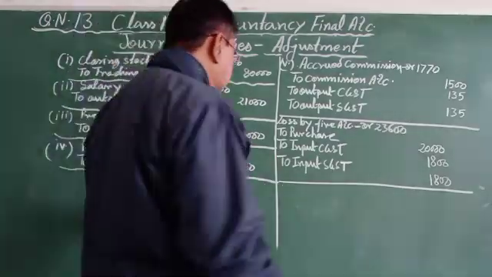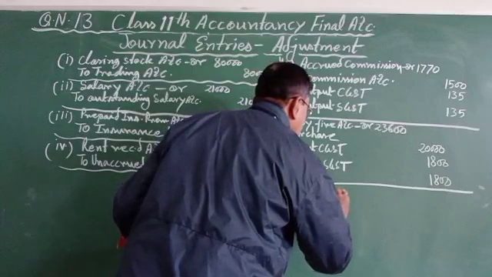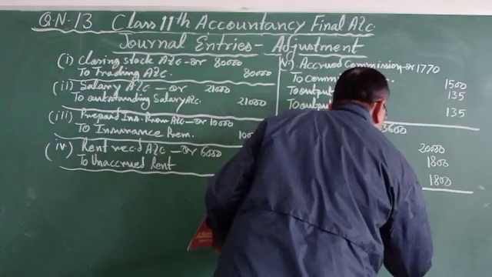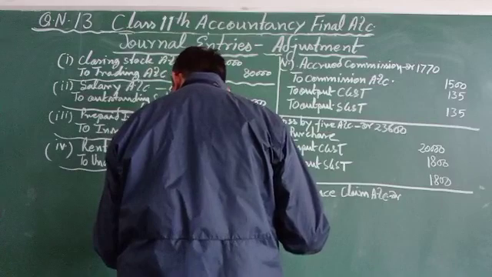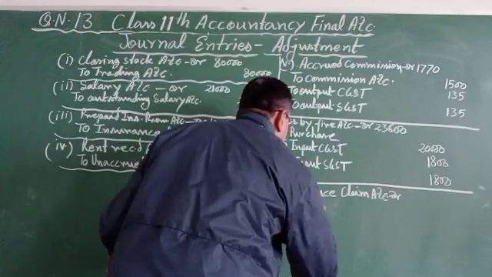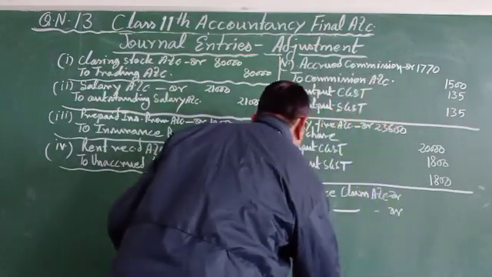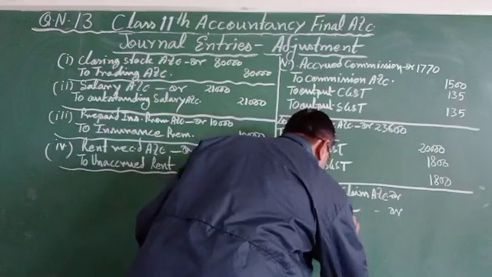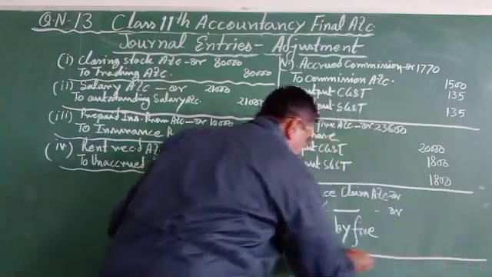15,000. So insurance claim account debit, the other entry, insurance claim account debit, and this one is whatever the loss incurred, profit and loss account debit, P&L account also debited to loss by fire.